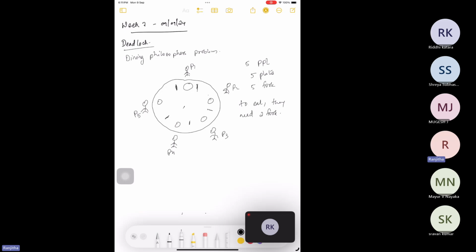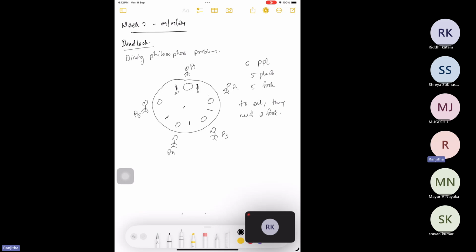So when P1 is eating, P5 will not be able to eat because one fork is already being used. Same way, P2 also will not be able to eat because this particular fork is being used by P1. But P4 and P3 can actually eat when P1 is eating.